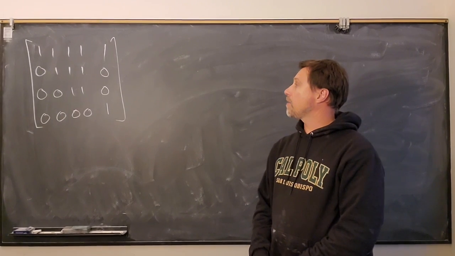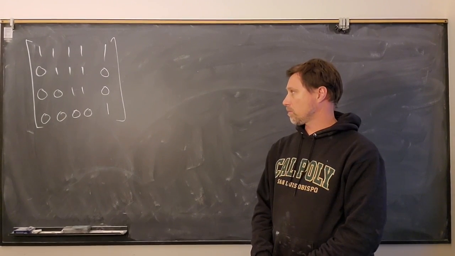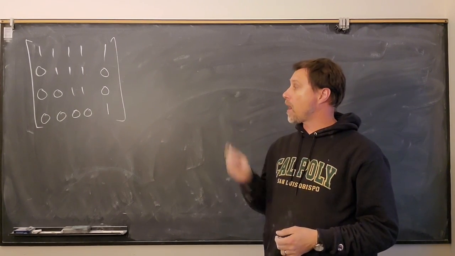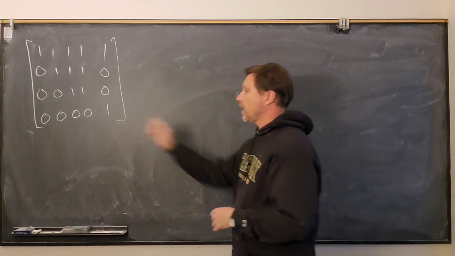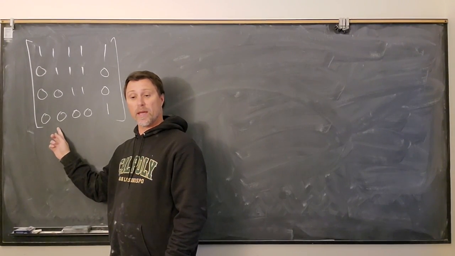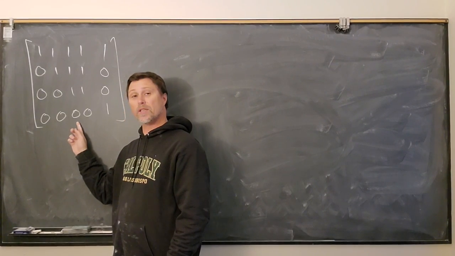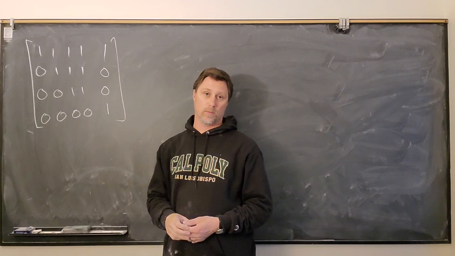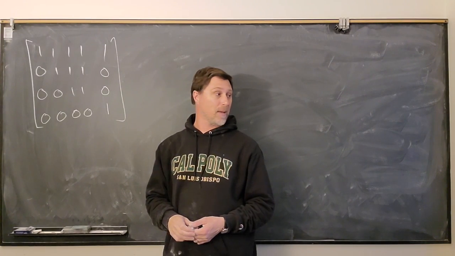All right, now think about what this tells us. Remember that this matrix corresponds to a linear system. What would that bottom row say? It would say 0 times x1 plus 0 times x2 plus 0 times x3 plus 0 times x4 equals 1. That's impossible. What does that mean?